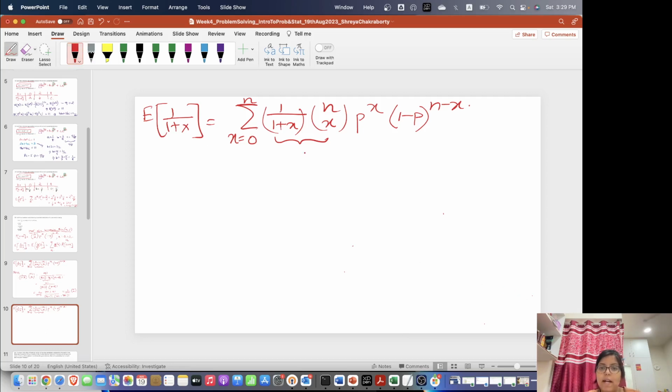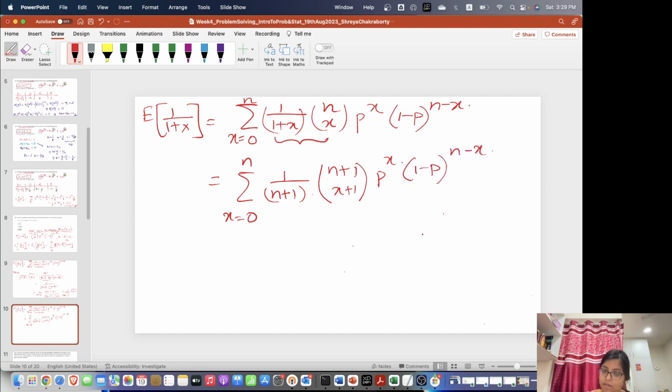So then this part I will write as equals to summation x equal to 0 to n, 1 by n plus 1 into n plus 1 c x plus 1, p to the power x, 1 minus p to the power n minus x. Okay.